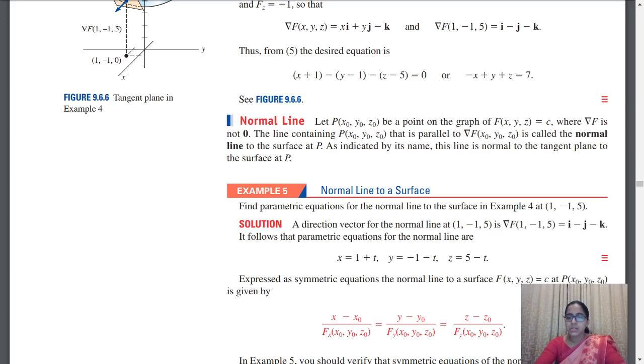So just remember this equation, as sometimes we'll be asked to find the symmetric equations of the normal. You can verify the symmetric equation for the previous example we just did. I hope the concepts of tangent planes and normal lines are clear for you.